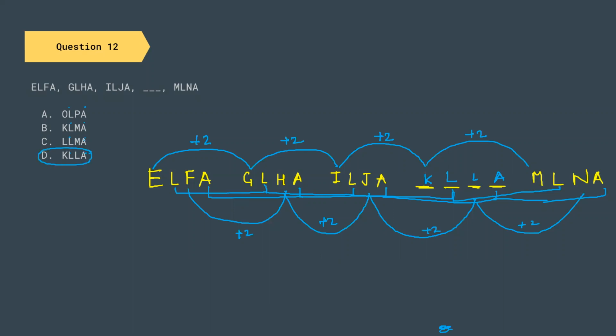So most of the students, what they will do is that whenever they have found K, L, L, A, they will automatically tick this one because they will think that no two letters can repeat adjacent to each other. So they will tick this one and they will get the answer wrong. So I would suggest that first complete the pattern, and whatever is your final result should be your option selected.